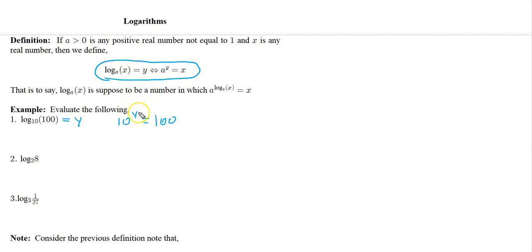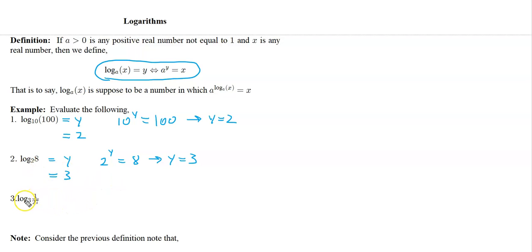Well, obviously then, y should be 2. So therefore this quantity is equal to 2. It's as simple as that. What's log base 2 of 8? Well, that's supposed to be a number y in which 2 to the y gives us back 8. Well, obviously then y should be 3. So this quantity here is equal to 3.